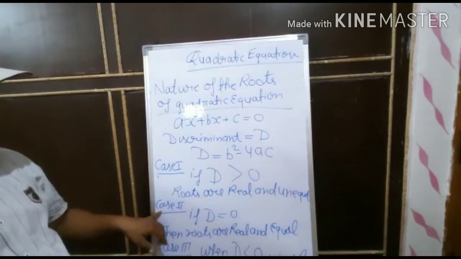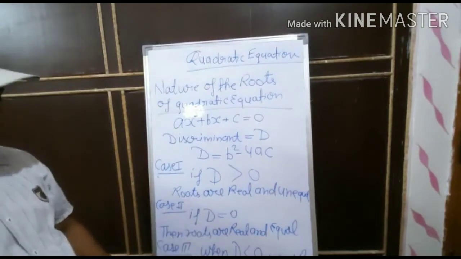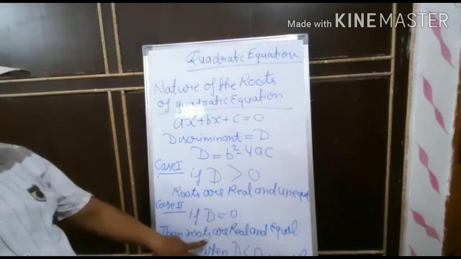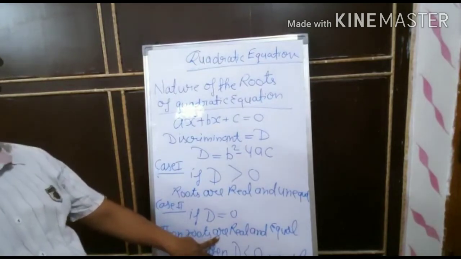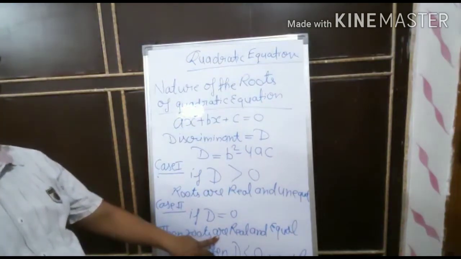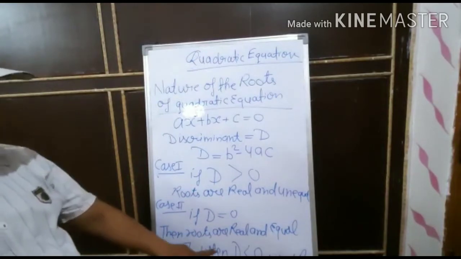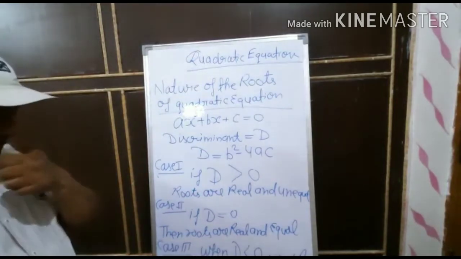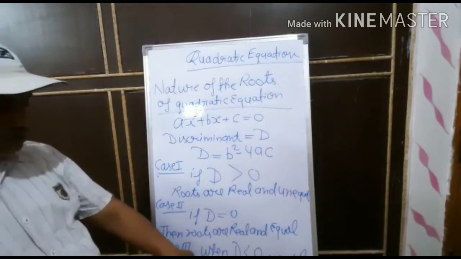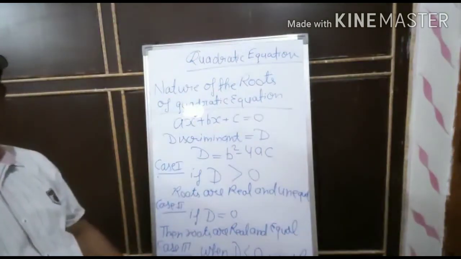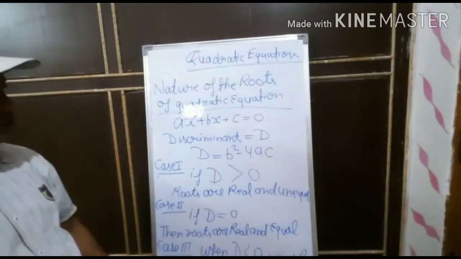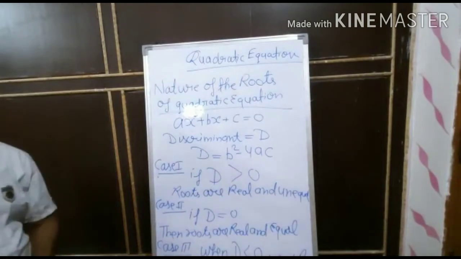In case 2, if D is equal to 0, then the roots are real, but they are also equal. Both the value of x is same. Case 3, when D is less than 0, then roots are not real. We can't find the root of the quadratic equation.